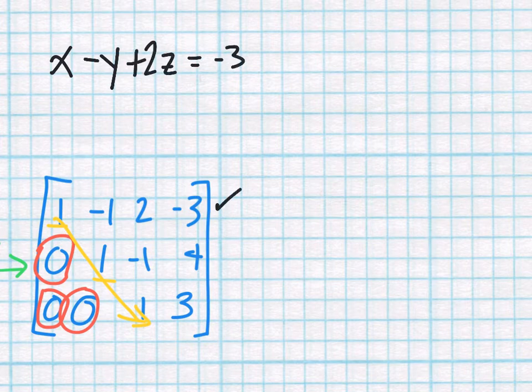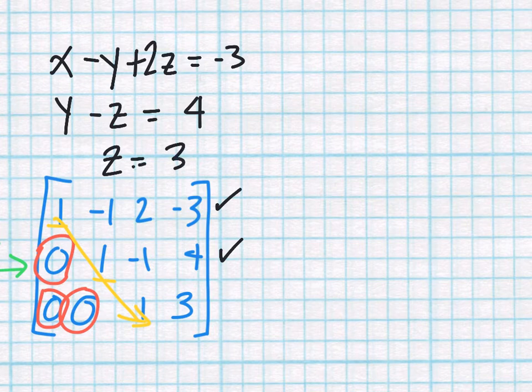That's the first row. The second row says y minus z equals 4. And this third row says z equals 3. So I know z is 3, so I can just substitute one at a time. Start at the bottom, work my way up.